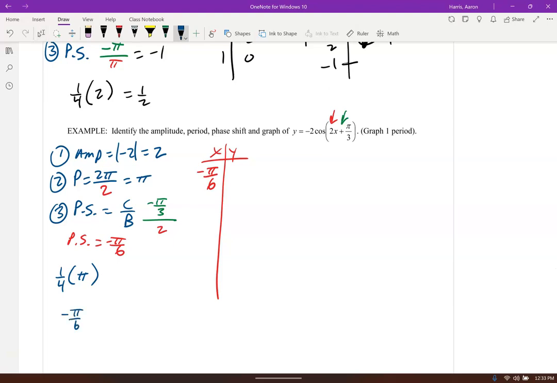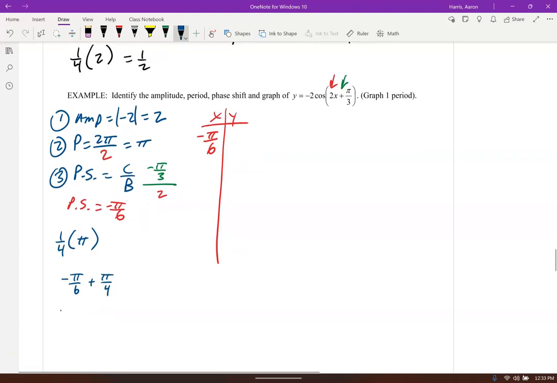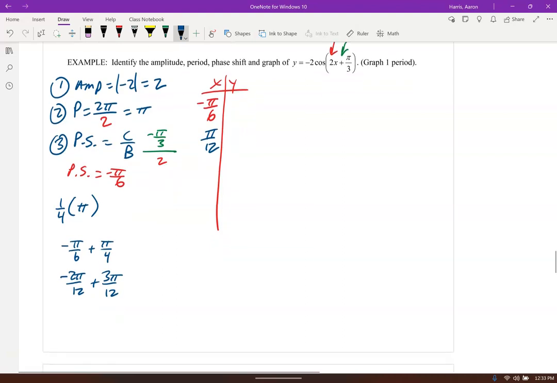So let's do that. Negative pi 6 plus pi fourths. Let me get a common denominator of 12. That's negative 2 pi 12ths plus 3 pi 12ths. So the next one is pi 12ths. And then I want to go from pi 12ths, again, up a fourth of the period. So from pi 12ths up pi fourths again.